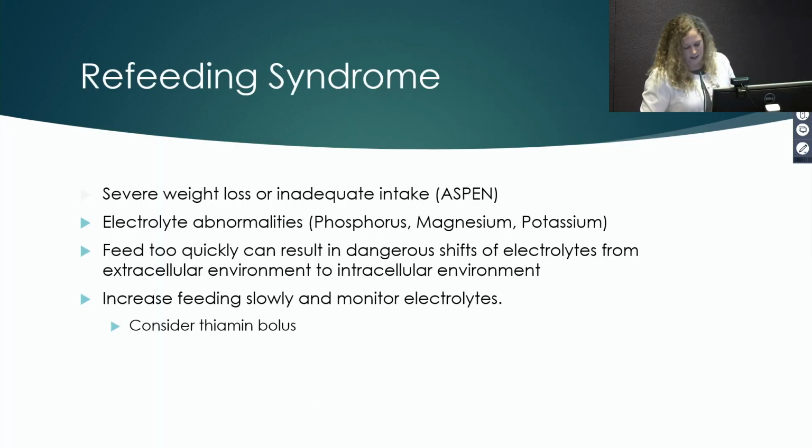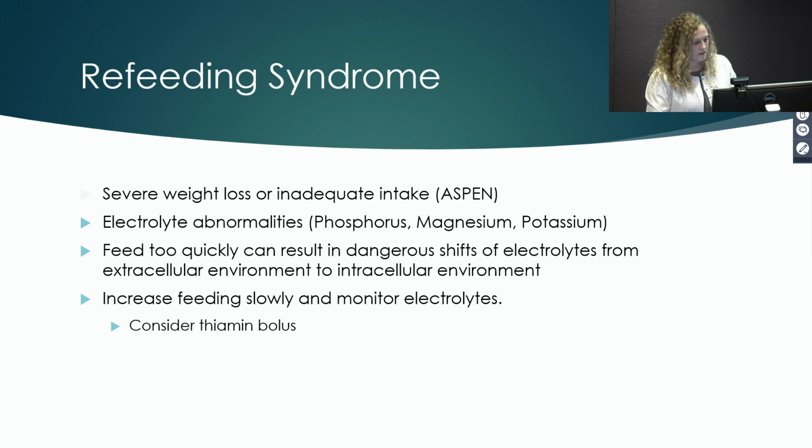The next set of labs that I like to look at has to do with refeeding syndrome. And I like to direct people to ASPEN, the Society of Parenteral and Enteral Nutrition, that also has the malnutrition guidelines. They have nice consensus recommendations for identifying patients that would be at risk for this and some guidelines for how to treat it or prevent it. But we look at those electrolyte abnormalities, mainly phosphorus, magnesium, and potassium.